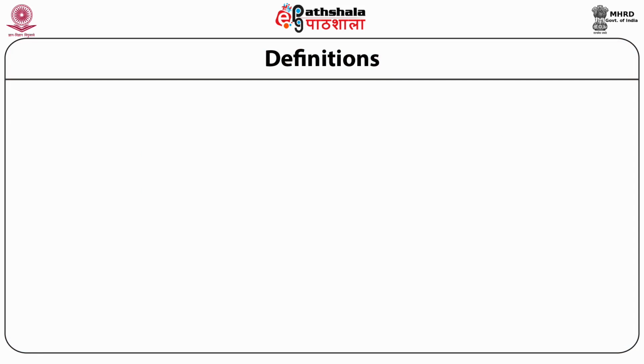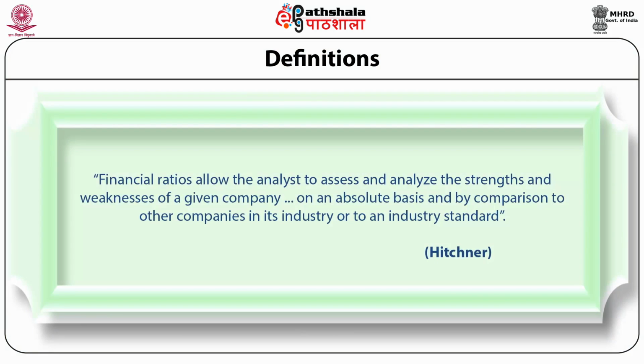Definition. Financial ratios allow the analyst to assess and analyze the strengths and weaknesses of a given company on an absolute basis and by comparison to other companies in its industry or to an industry standard.